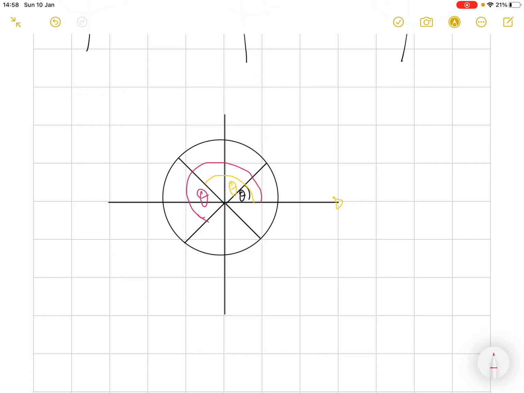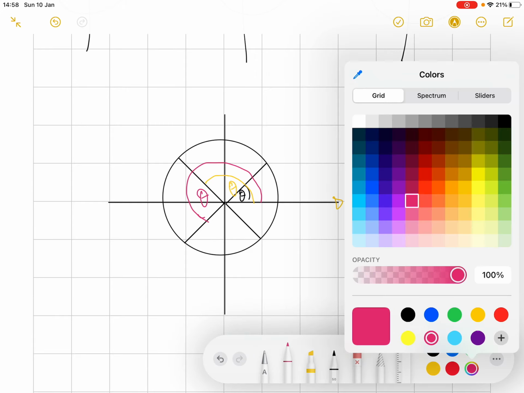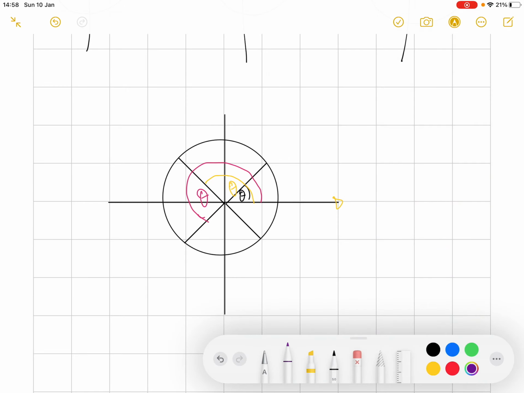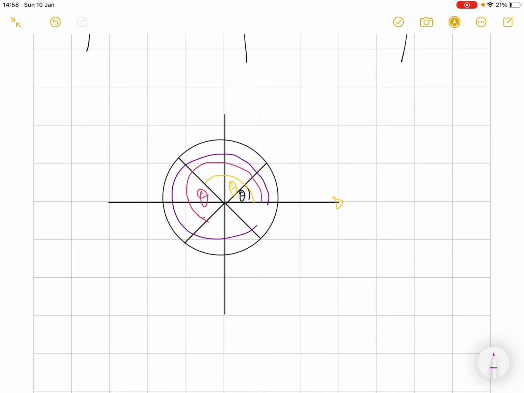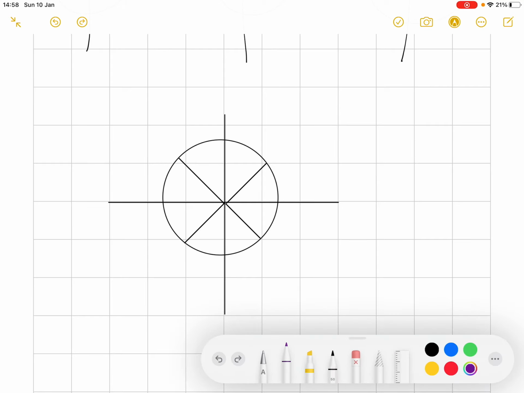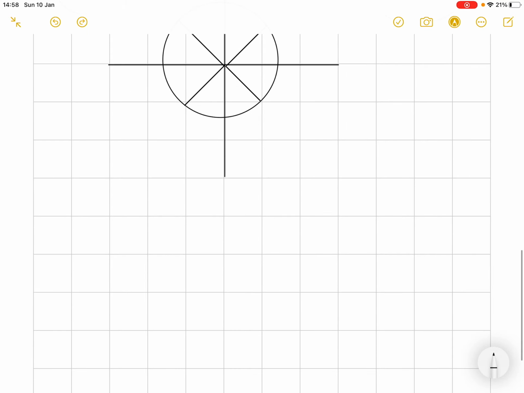And then lastly, this theta here. Obviously, theta could surpass 360 degrees, but for the purposes of this, we don't really need it to go any larger than 360 degrees.